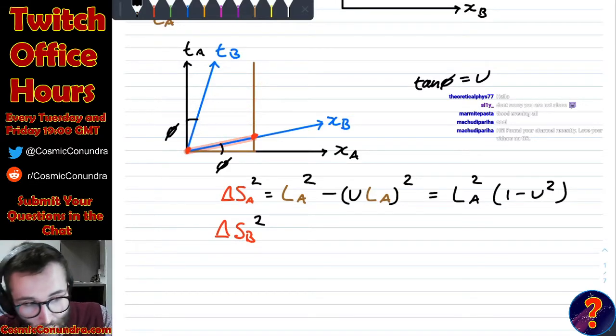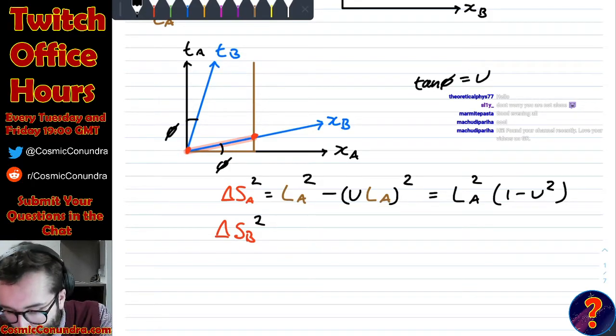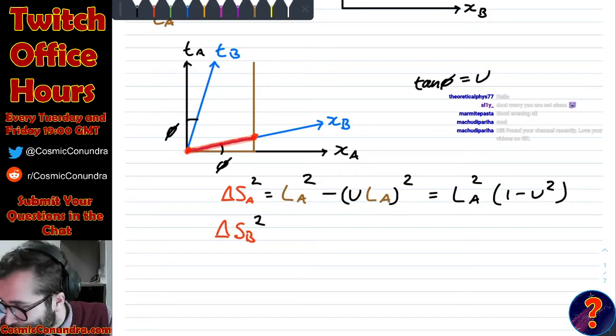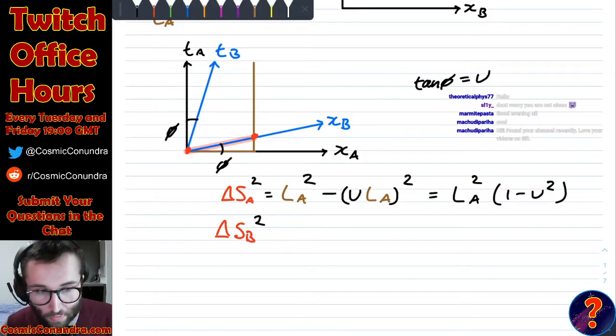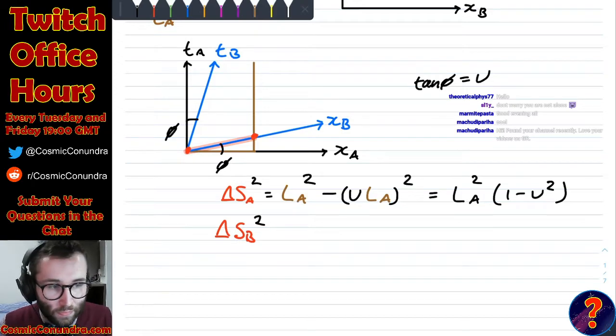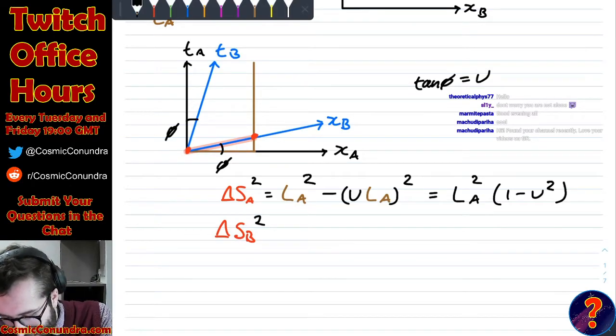So they measure no temporal distance between these points, but they will measure a spatial distance. And this spatial distance, remember, like we said, if you're trying to measure the length of something, measuring the length of an object corresponds to measuring the space-time interval when you make your two measurements of the lengths simultaneously. So they're measuring these two positions simultaneously.